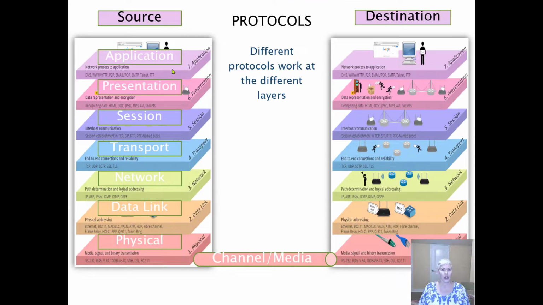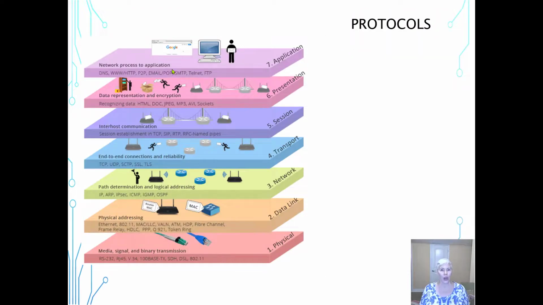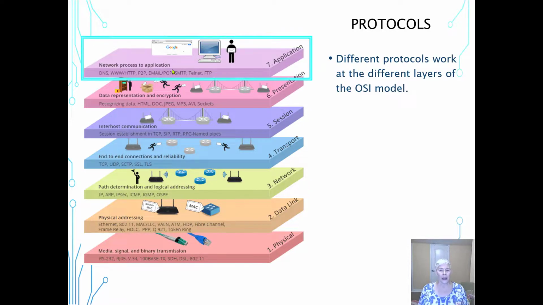I know I said it earlier, but basically different protocols work at the different layers. And each protocol has its own job. If we look at the application layer, some of the protocols that function at the application layer would be DNS, domain name server, HTTP, email, POP, SMTP, Telnet, FTP, file transfer protocol.